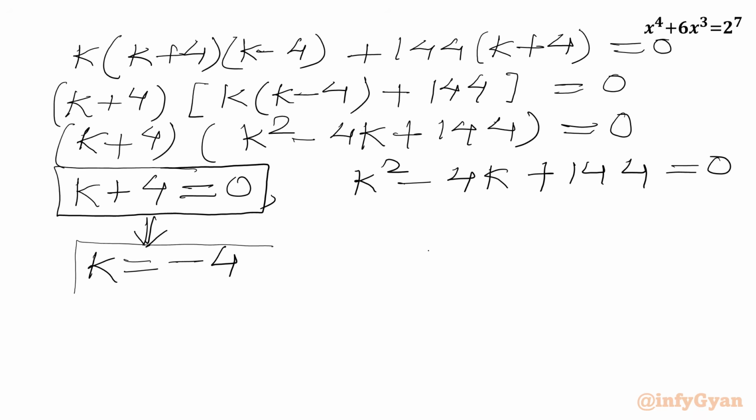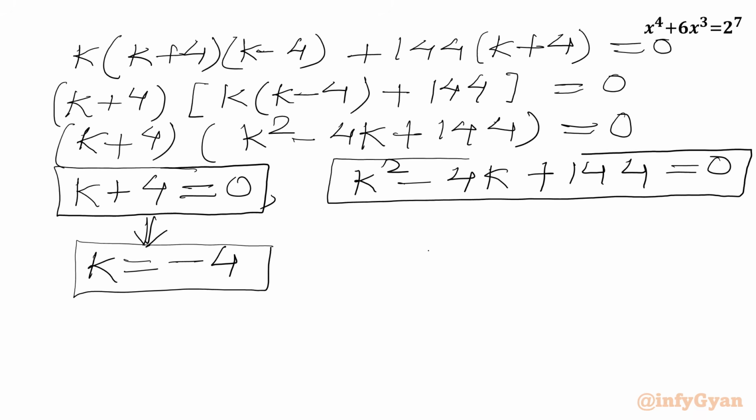So our real value of k is negative 4. Now we are going to solve second equation. Here I will find the discriminant value first. So let me write here delta. This must be equal to b square minus 4ac.